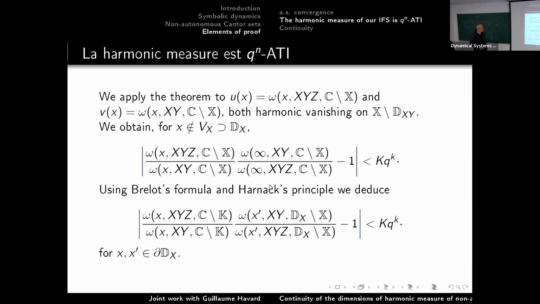If it stabilizes, imagine that when x is on this perimeter here, the ratio is stabilized.